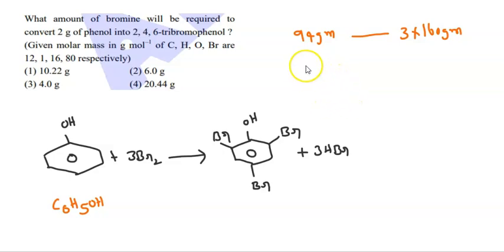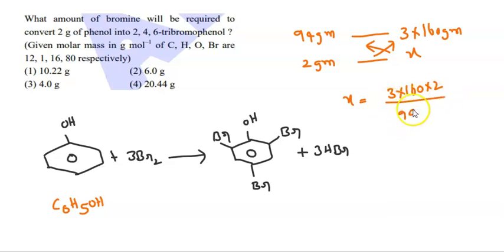Then 2 grams of phenol needs how much bromine? If I do the cross multiplication, 3 into 160 into 2 by 94, then you get the answer 10.22 grams. It is there in option 1, which is the correct answer for the given question.